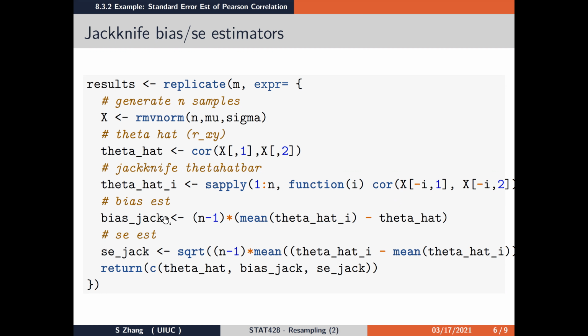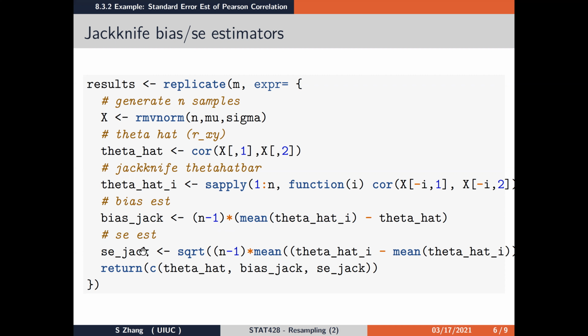Then we can apply the formulas for bias and SE estimation for jackknives. The jackknife bias estimate is given by n-1 times the mean of the theta hat i's. So the mean of this is essentially theta hat bar minus theta hat computed with the entire 10 samples.